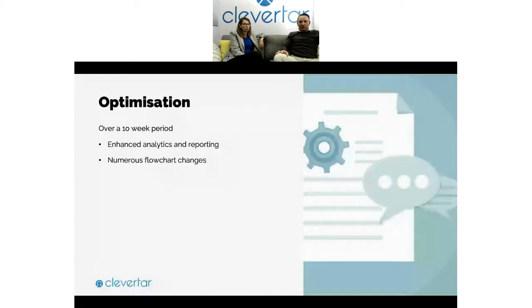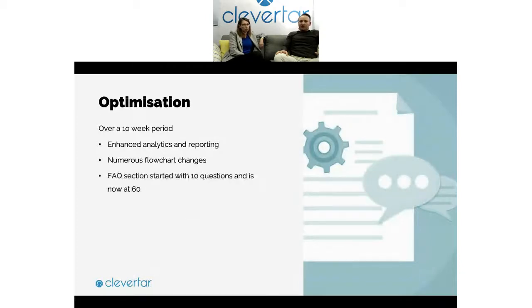We made numerous flowchart changes. So that earlier flowchart, which I displayed on the screen that we used, changed 5 times in the space of 5 weeks, which had to have a complete revamp of the program design every time, in line with what is the latest COVID information that's being delivered. The testing regime in South Australia changed very rapidly. Yeah, absolutely.